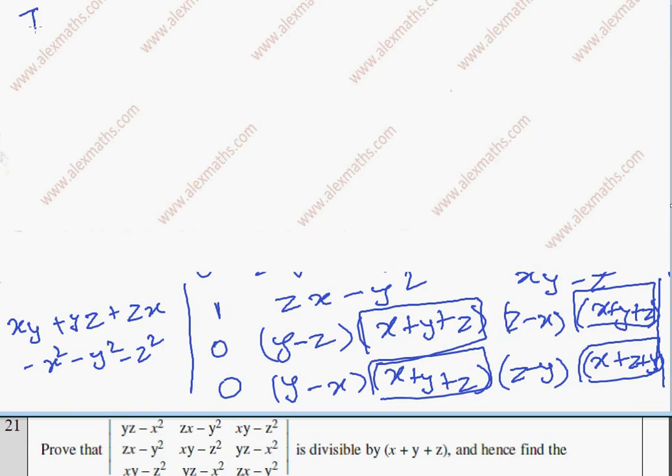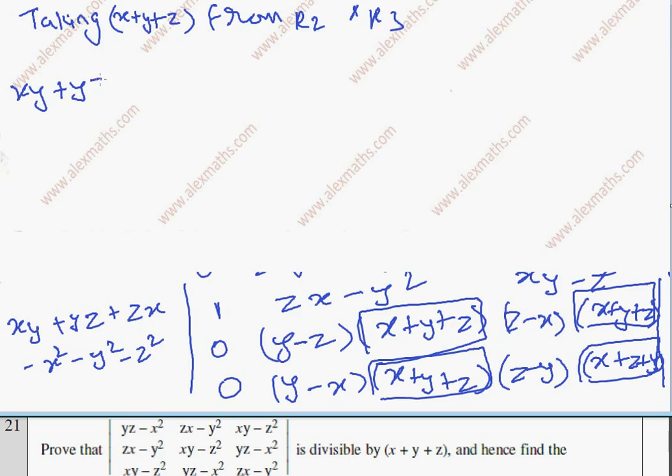So taking x plus y plus z common from R2 and R3, xy plus yz plus zx minus x square minus y square minus z square we have.